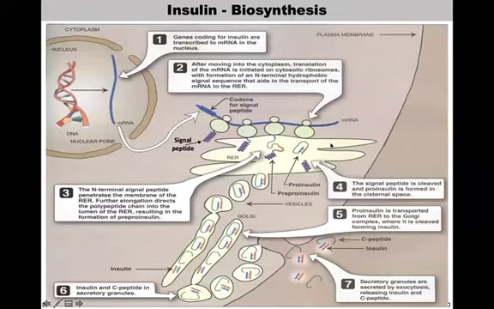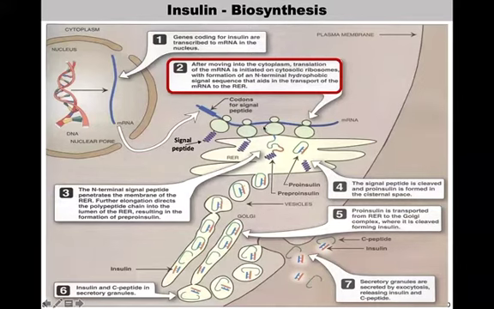Again, we can see a more illustrative figure about what is happening. Initially, as we said, the gene coding for insulin is transcribed to messenger RNA in the nucleus. This messenger RNA is translocated to the cytoplasm, and with the help of the signal peptide, it will be recruited to the rough endoplasmic reticulum, where translation initiates on the ribosomes.